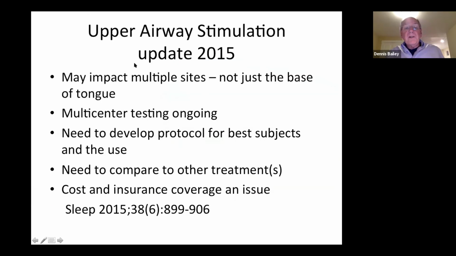So airway stimulation, in an update in 2015, they did a lot of multi-center testing. They needed to develop a protocol. They compared it to other treatments, mainly CPAP. Here's the fallacy. Inspire is not compared to oral appliance. In fact, the patient who fails CPAP is not given an oral appliance, they go right to Inspire.